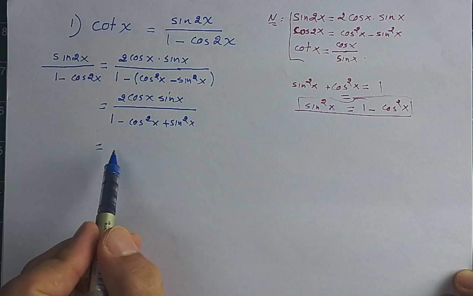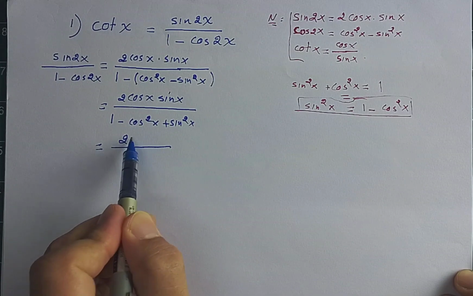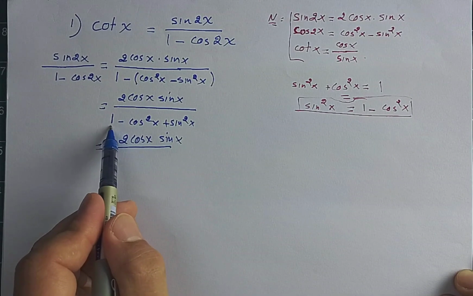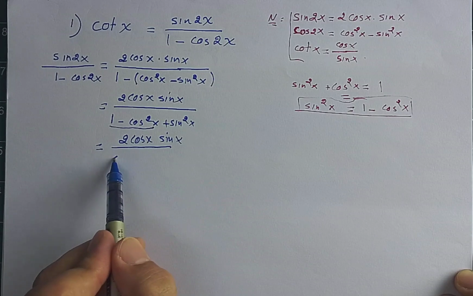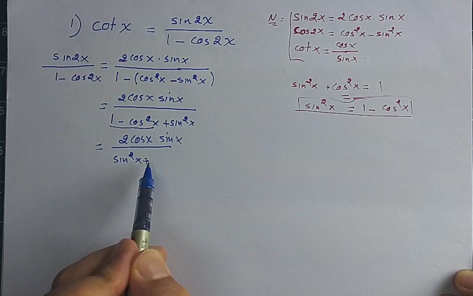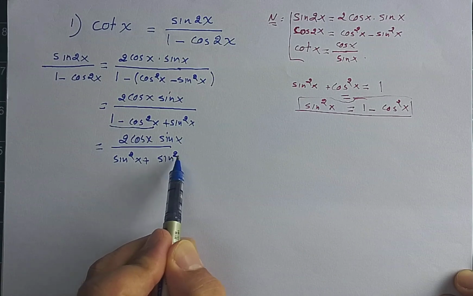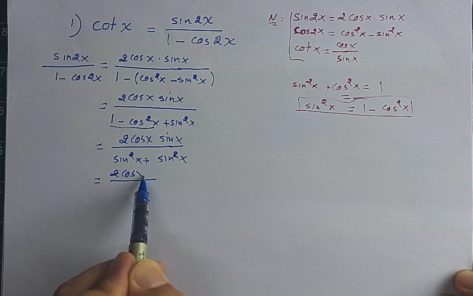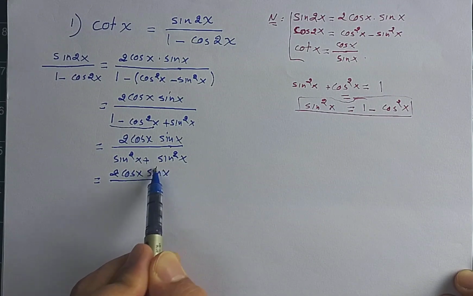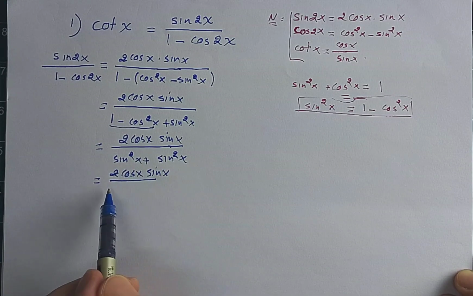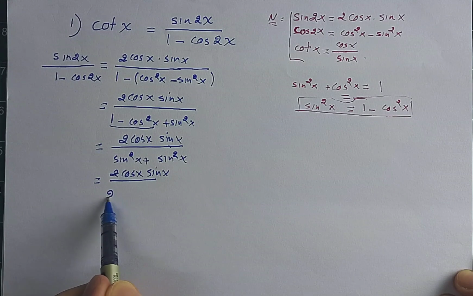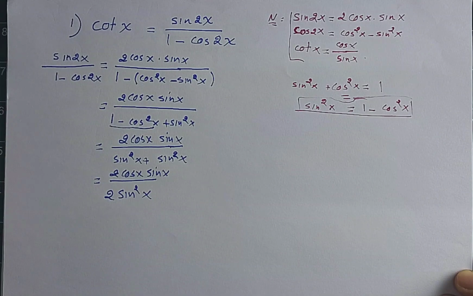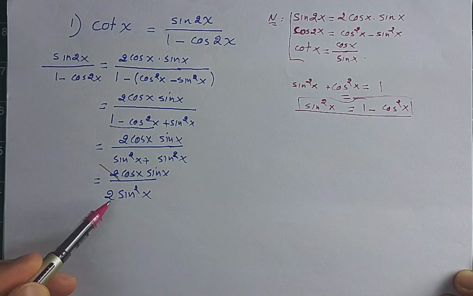So here in the denominator, this quantity will be sine square x plus sine square x. We have 2 cosine x times sine x in the numerator. I add these two terms, 2 sine square x, and I simplify by 2 in the numerator and denominator.